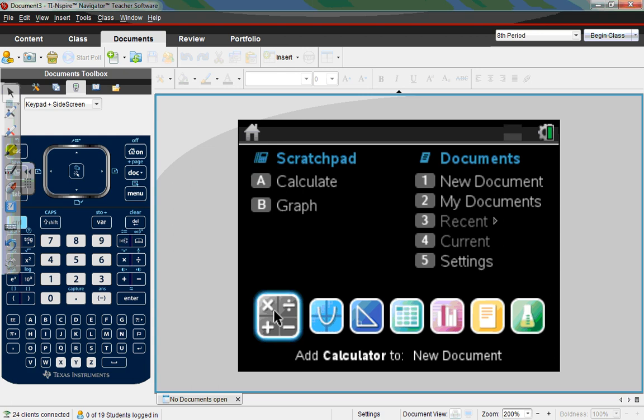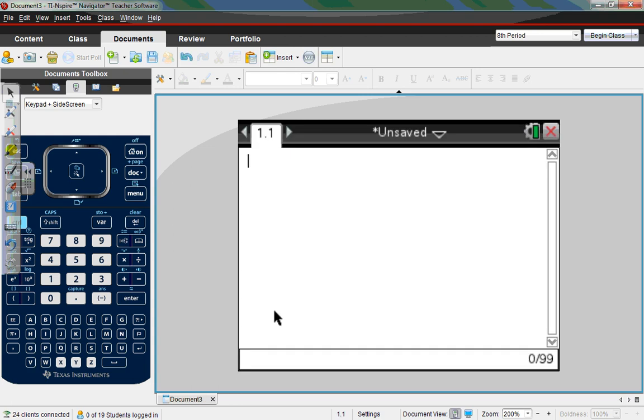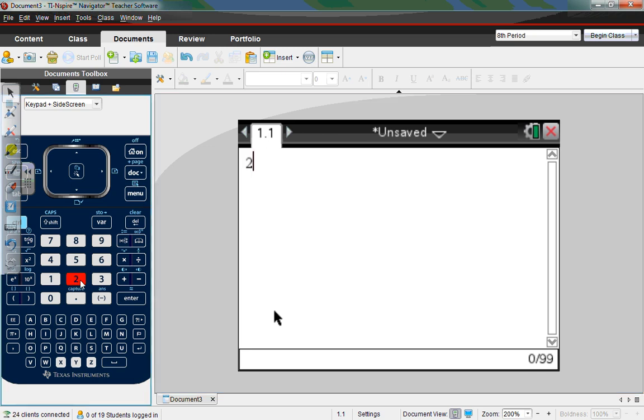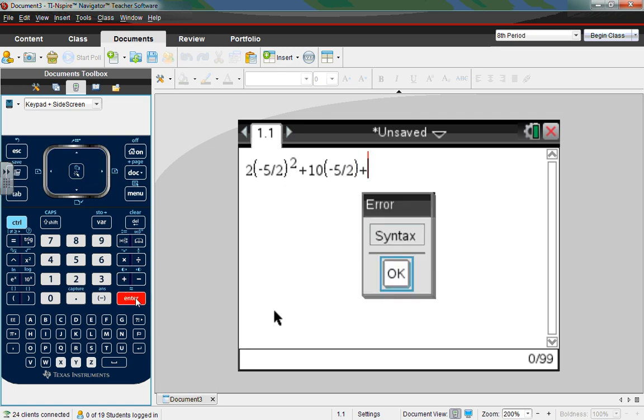You want a calculator page, and you need to type in that information. That information is going to be 2 parentheses, negative 5 divided by 2, arrow to the right, squared, plus 10 times negative 5 divided by 2, arrow to the right, plus 7, and hit enter.